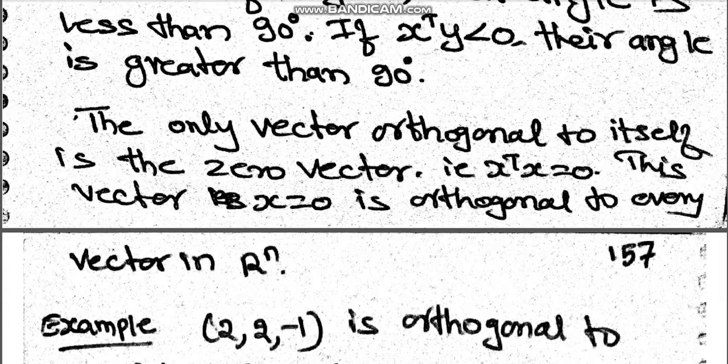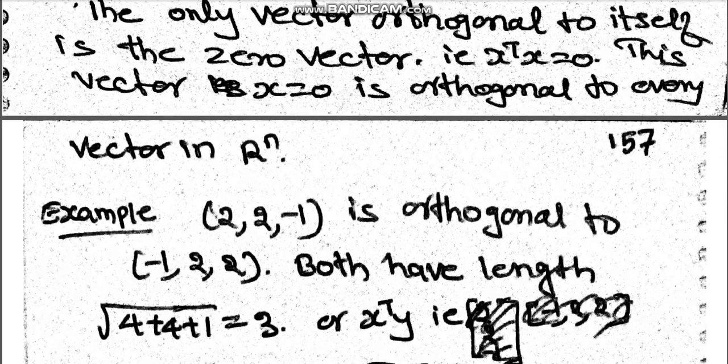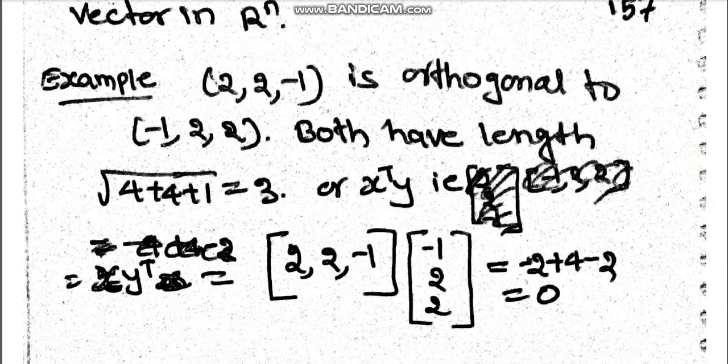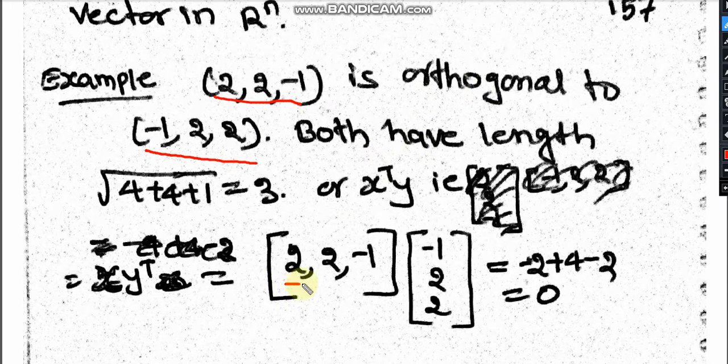So coming to the example, let us take an example. Here the simple example 2, minus 1 has been taken and is orthogonal to minus 1, 2, 2. So you have to check the orthogonality. If I check the orthogonality, I have kept x transpose, because usually we write vectors in this manner, 2 minus 1.